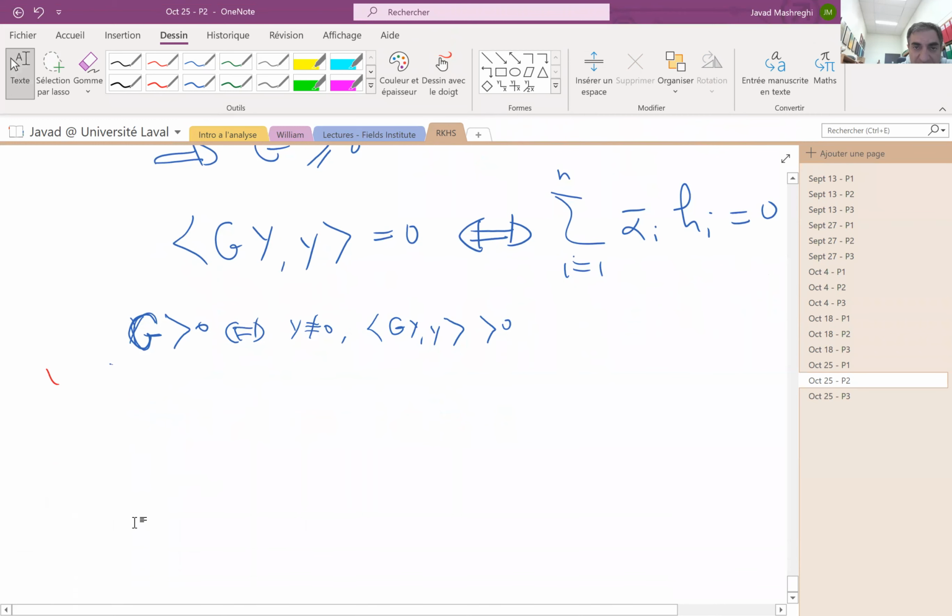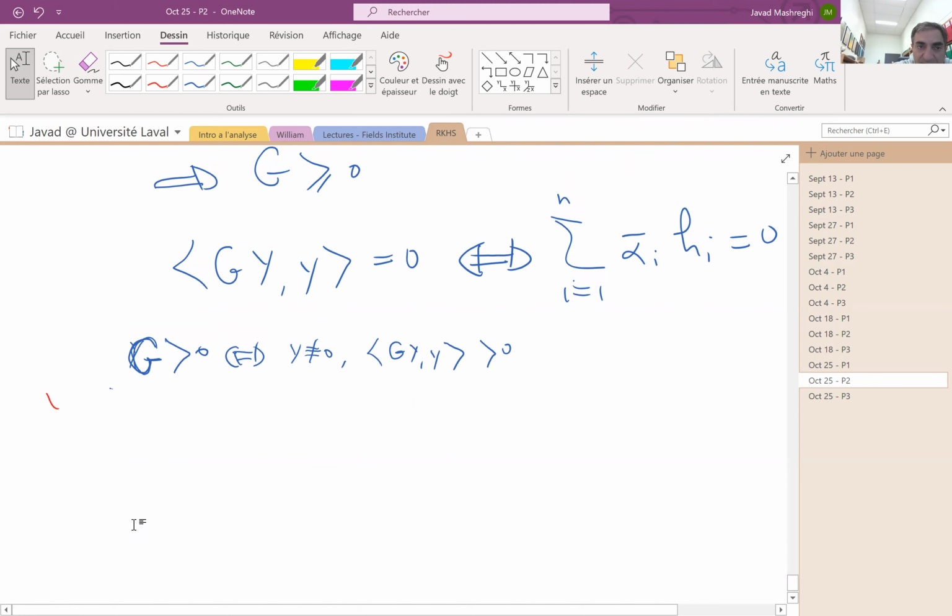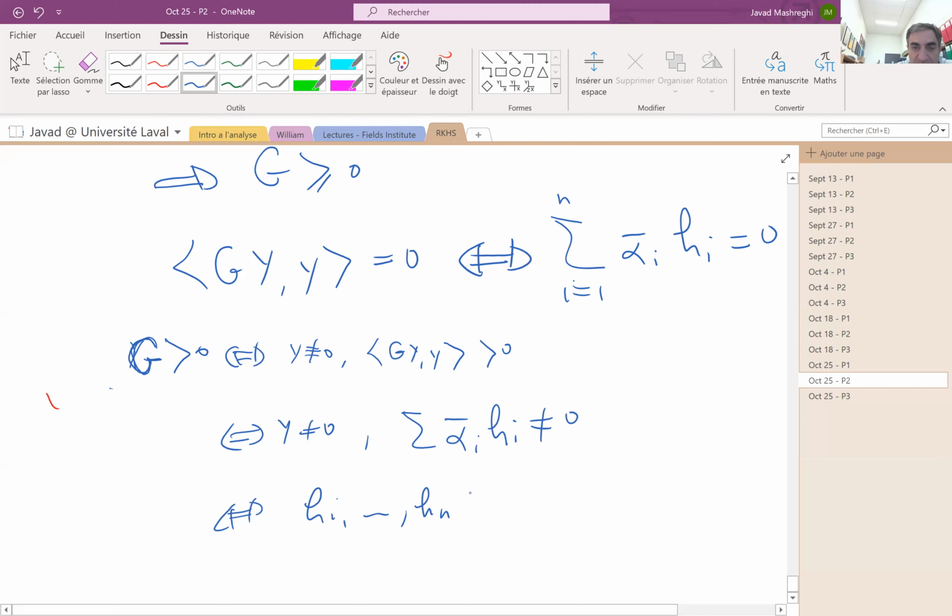And we see that this happens if and only if for any y not equal to 0, the sum of alpha i bar Hi is not equal to 0. In other words, H1 up to Hn are independent. We call these the coefficients of y.